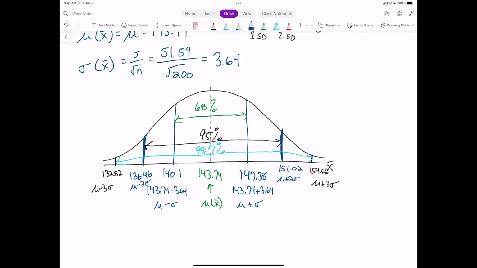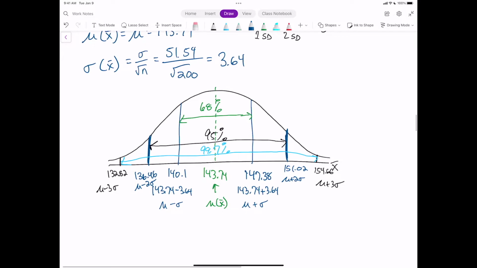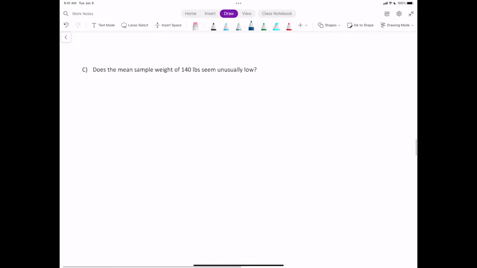There we go. Does the mean sample weight of 140 pounds seem unusually low? All right, anytime they talk about unusual, folks, this is our key that we need to find a z-score.